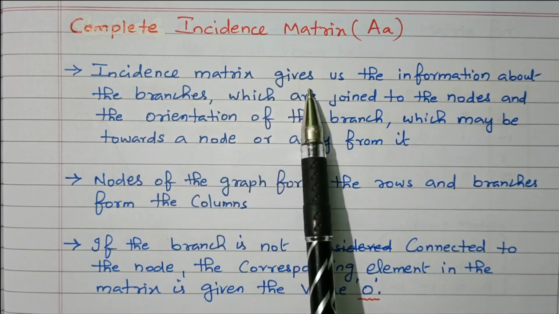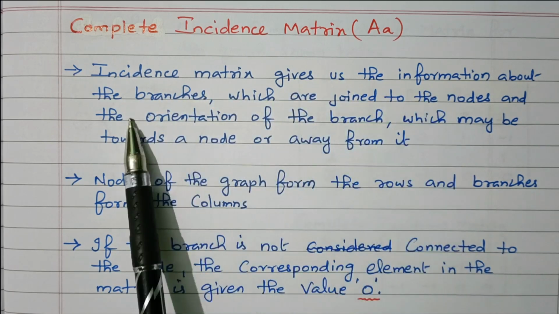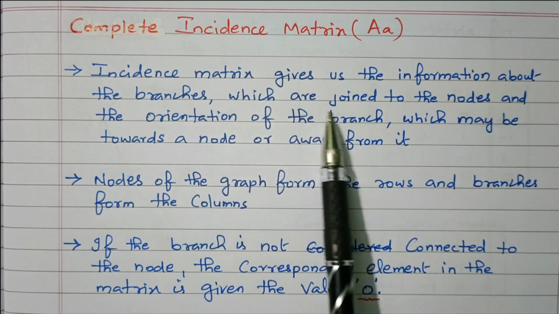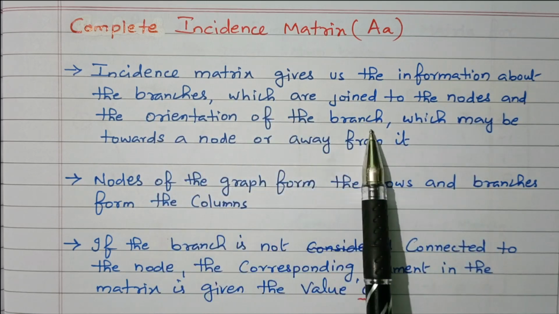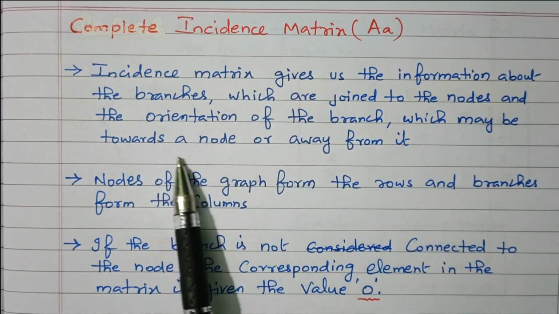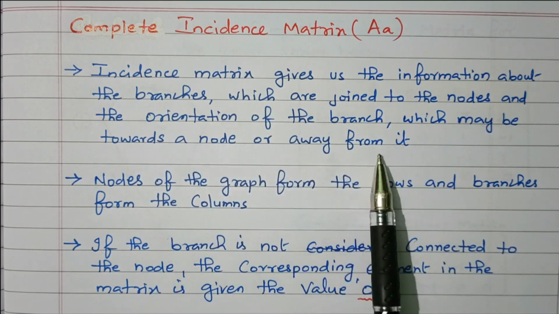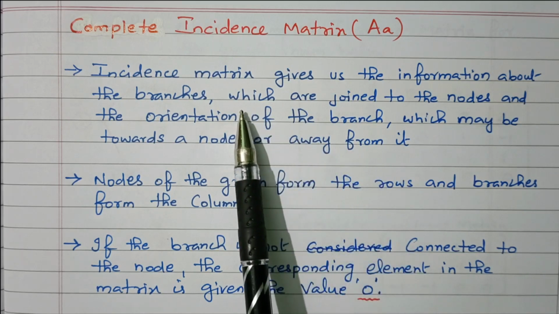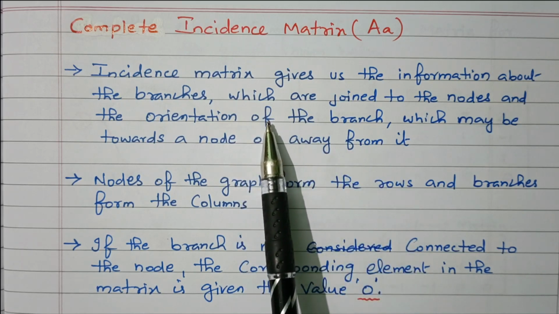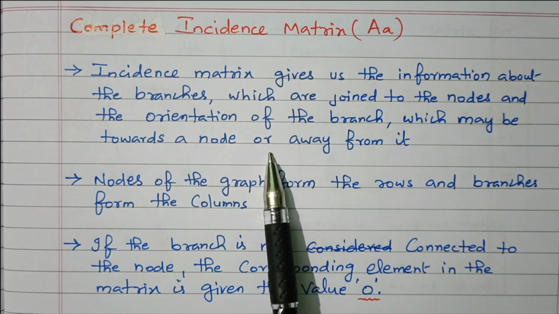Incident matrix gives us the information about the branches which are joined to the nodes and the orientation of the branch, which may be towards a node or away from the node. So it will give the information about nodes and branches, whether the branches are connected towards the node or away from the node.